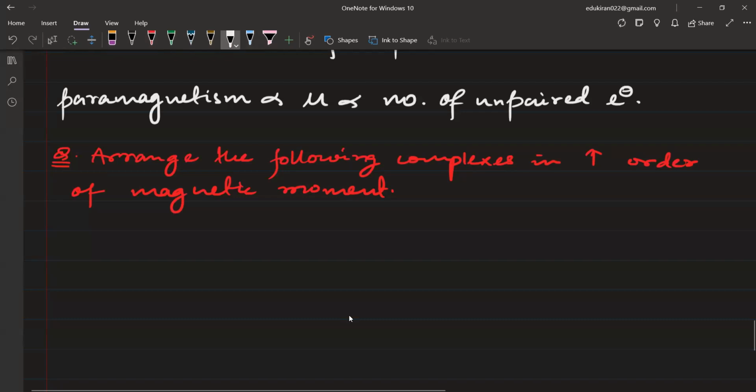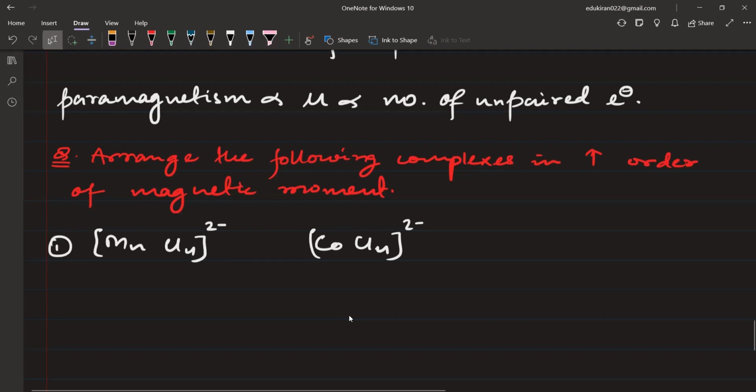Okay, so for example, you have MnCl4 2 negative. You have CoCl4 2 negative. You have NiCl4 2 negative. Okay, so first of all, what is the atomic number for manganese, cobalt, and nickel? Tell me.